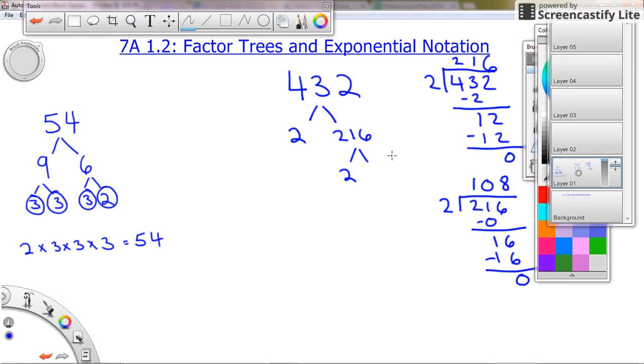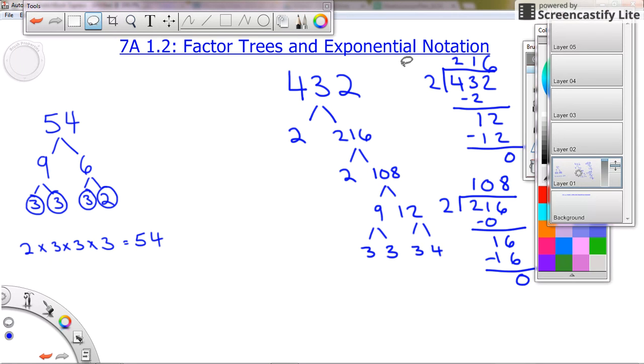So that means that 2 times 108 is 216. Now that's what you have to do. You keep going through this until you get a number that you know from your multiplication tables. Now, 108 we know is going to be 9 times 12. That's in your multiplication tables. 9 is going to be 3 times 3, and 12 is going to be 3 times 4.